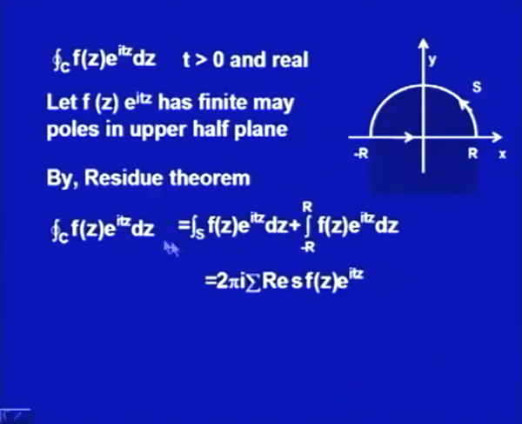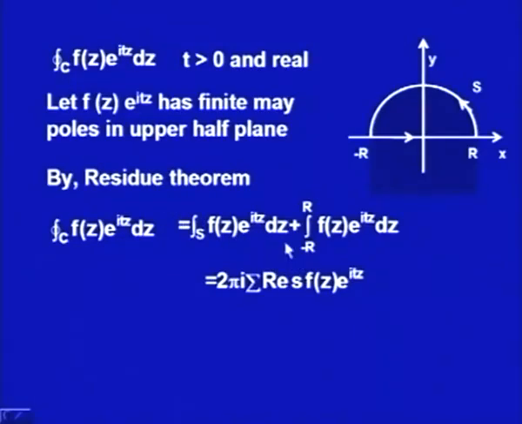As in the previous method, here also we will show that when f(z) is of the form p(z) upon q(z) and the degree of q(z) is at least 2 higher than the degree of p(z), this integral along the semicircle approaches 0 as r approaches infinity.